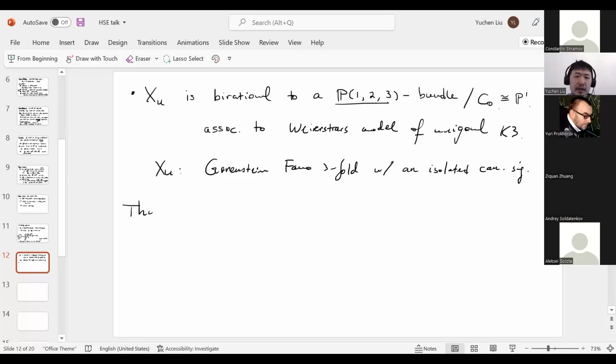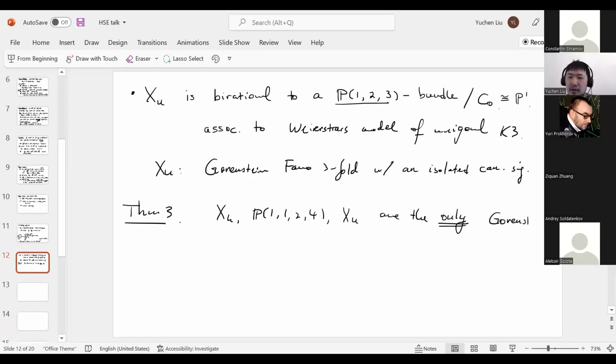And then theorem 3, which follows from this K-moduli business, is that XH, P(1,1,2,4) and XU are the only Gorenstein Fano degenerations, or maybe I should say Gorenstein canonical Fano degenerations, of P3.